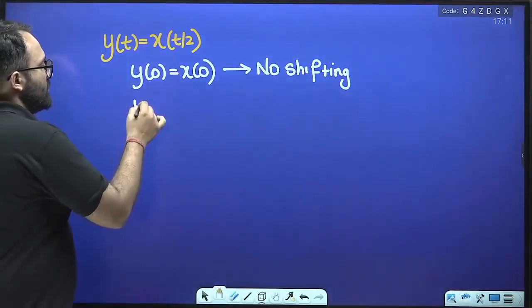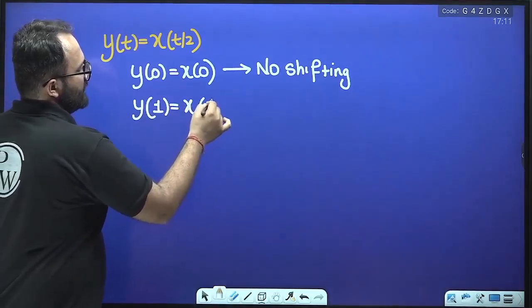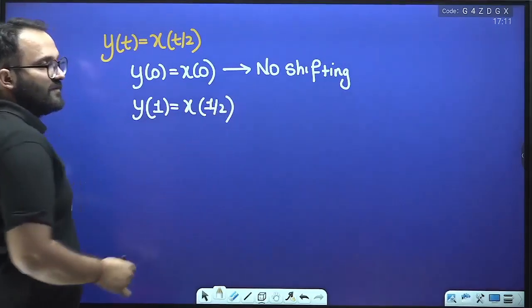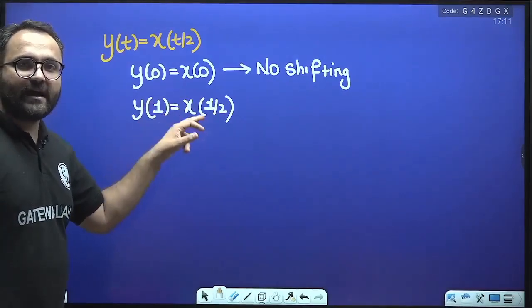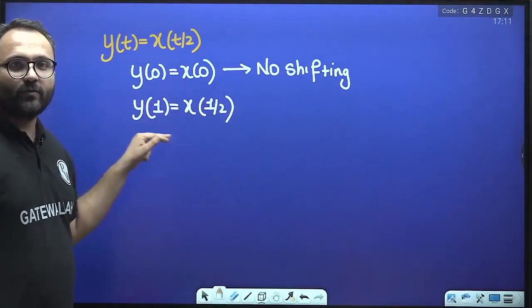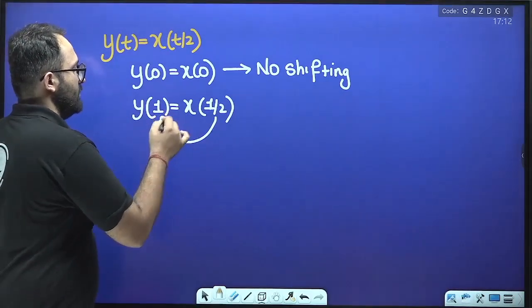Now put t equal to 1. So y(1) is equal to x of half, which means in the old signal, whatever was there at 0.5 is going to 1.